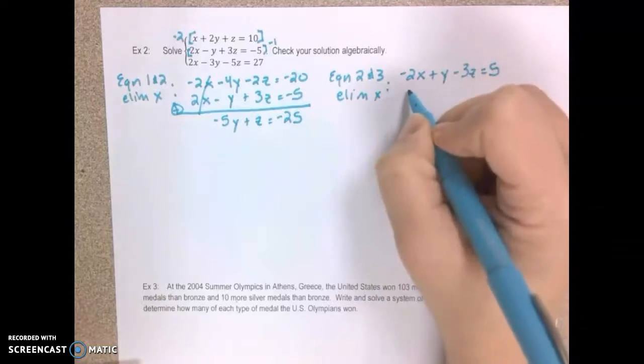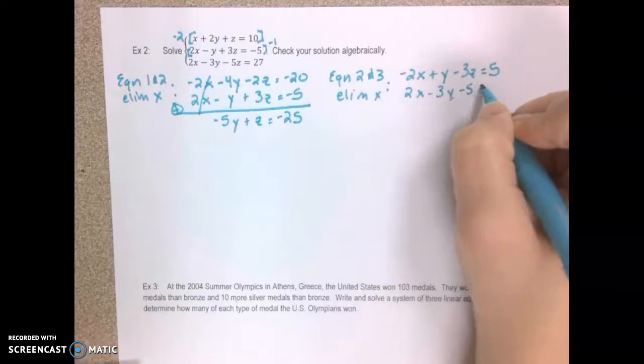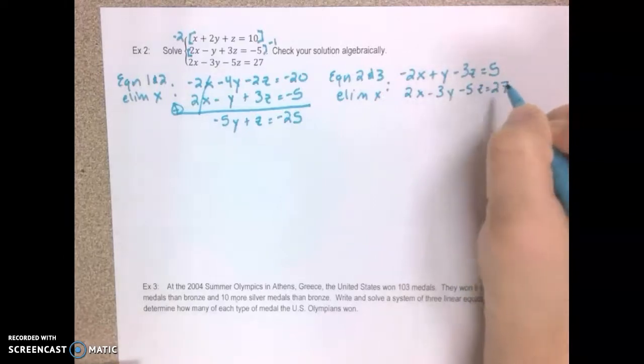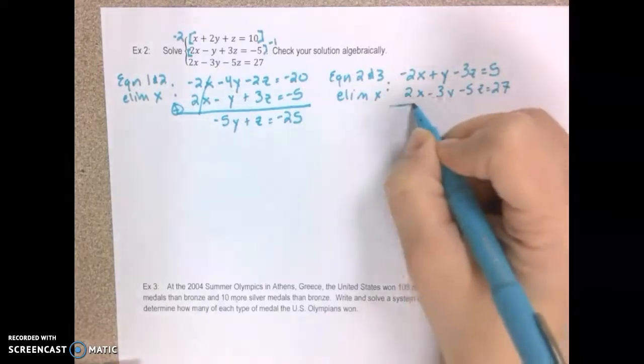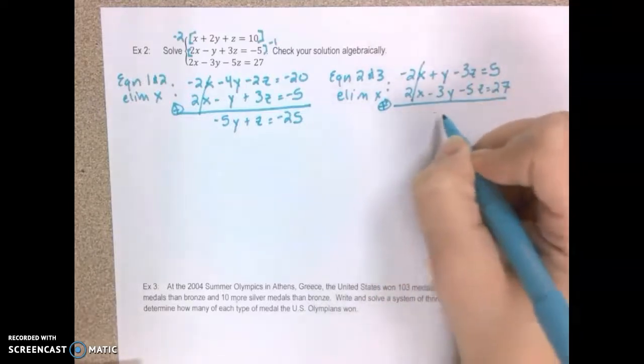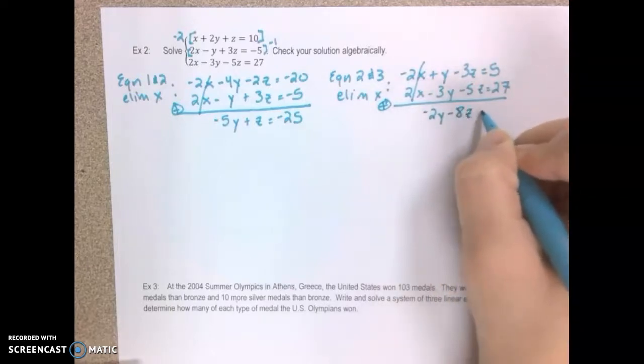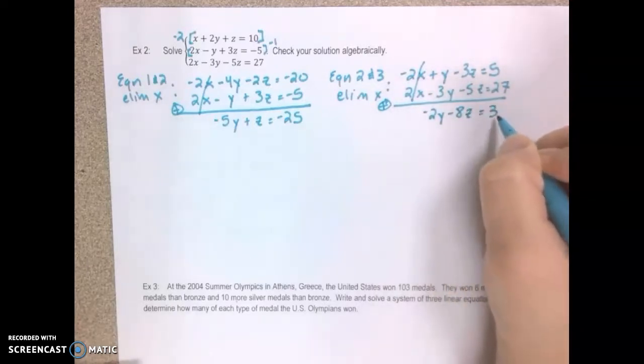Our third equation, 2x minus 3y minus 5z equals 27, is fine the way it is. Now when we add, we eliminate our x's and get negative 2y minus 8z equals 32.